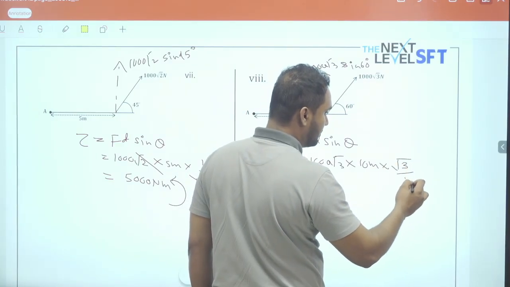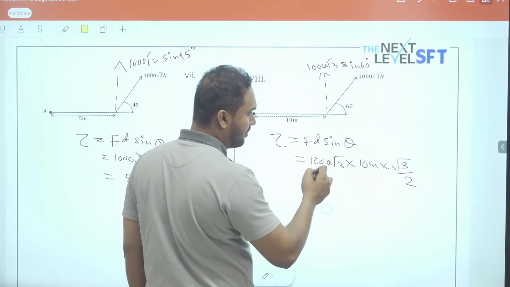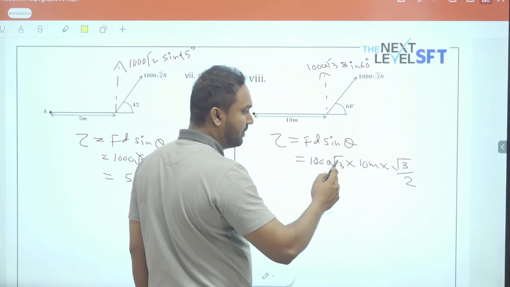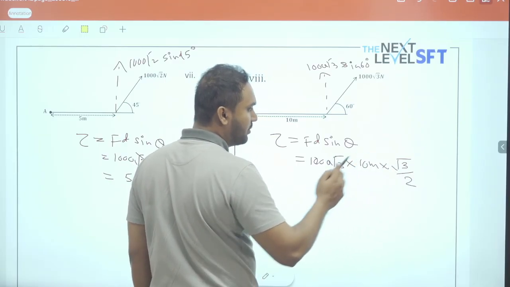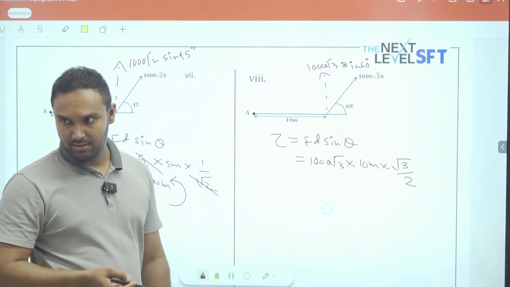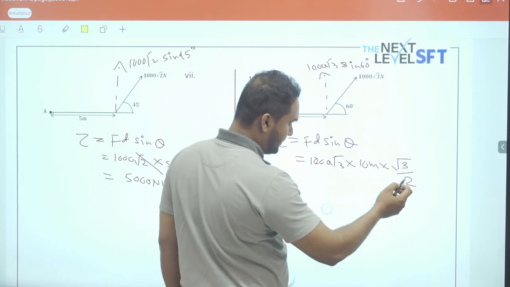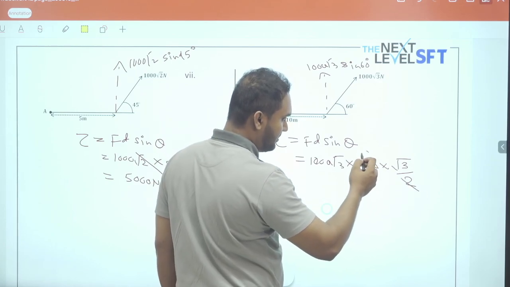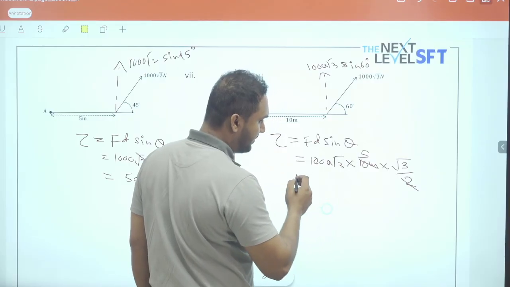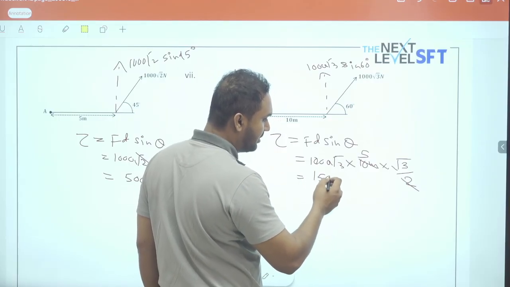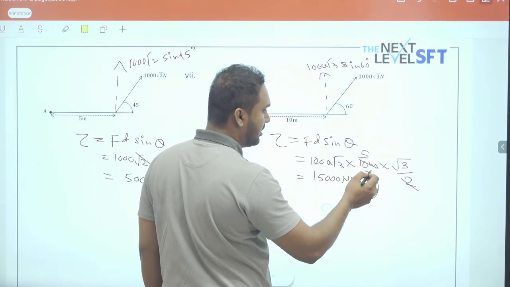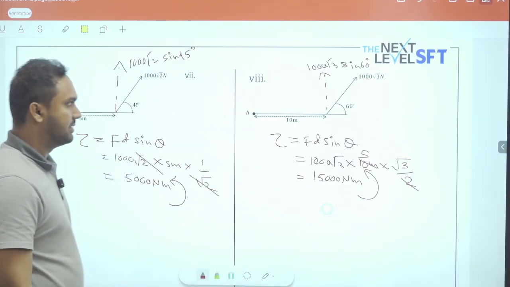Now this is a complete multiplication. When you multiply root 3 by root 3, the root cancels out, so you get a 3. You divide 10 by 2, that is 5. Now 3 into 5 is 15. 15 into 1000 is 15,000 Newton meters, and the direction is anticlockwise, right?